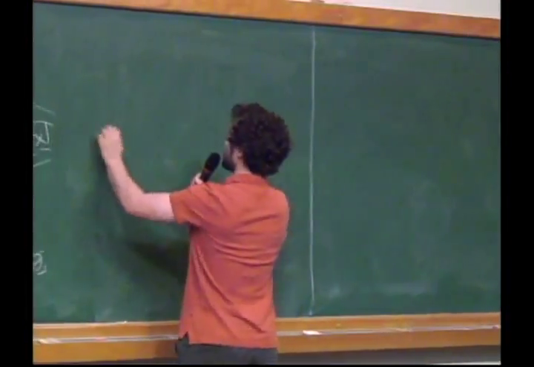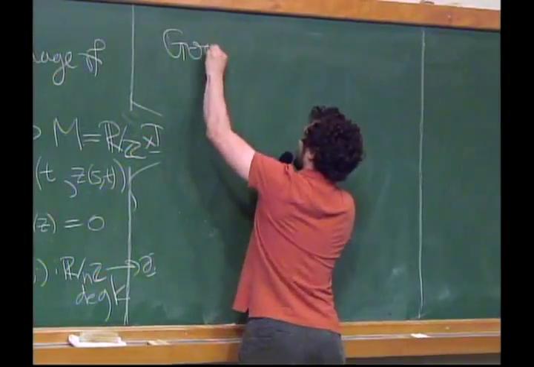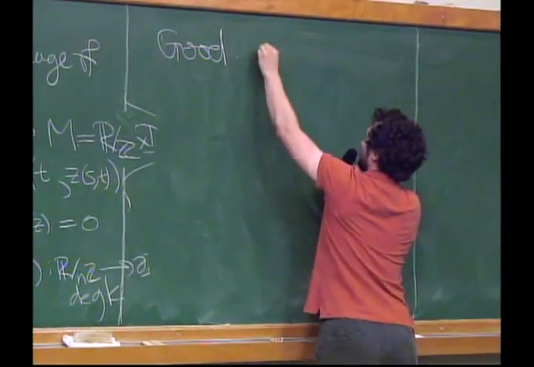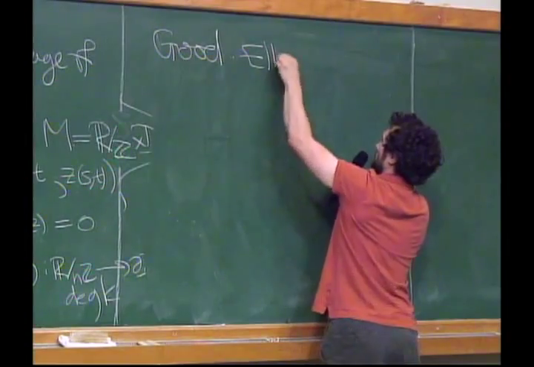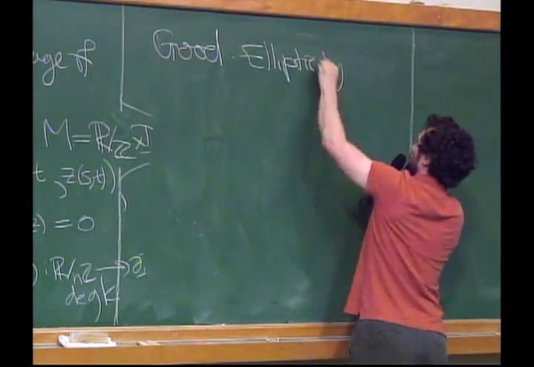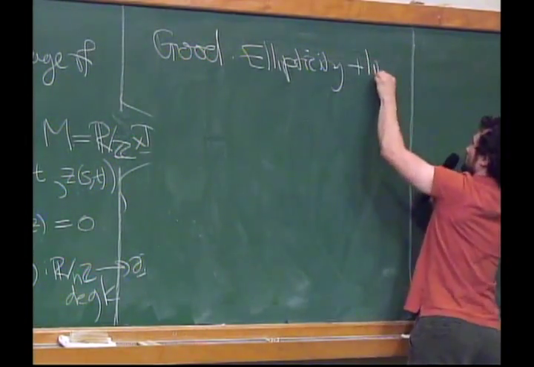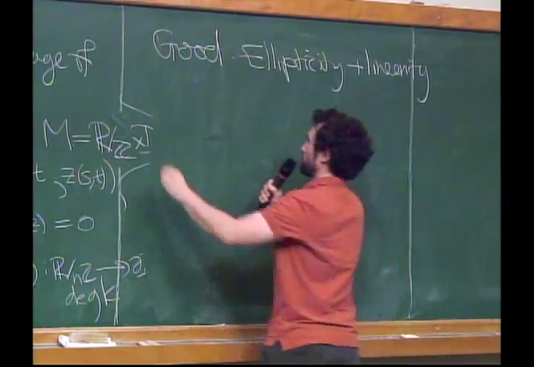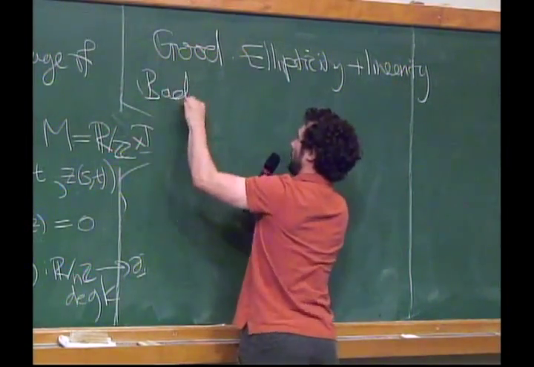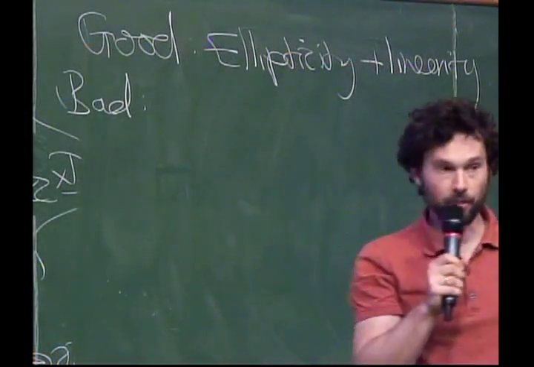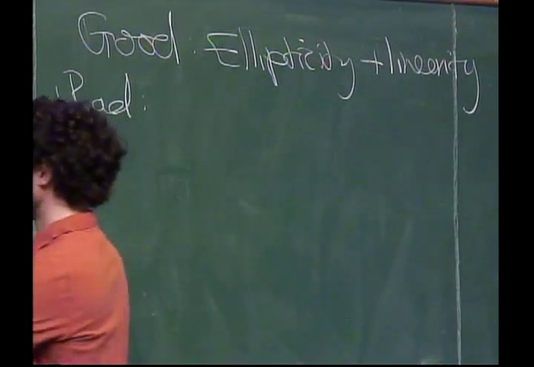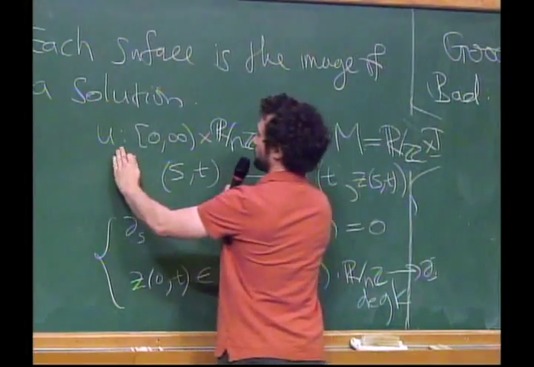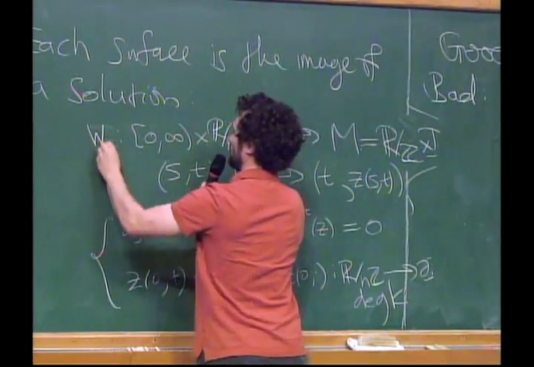So what's good for us? Good is the following. We have, of course, ellipticity, and we also have linearity. Bad is that the domain is blowing up now, because the domain of W_n will have basically the same domain.